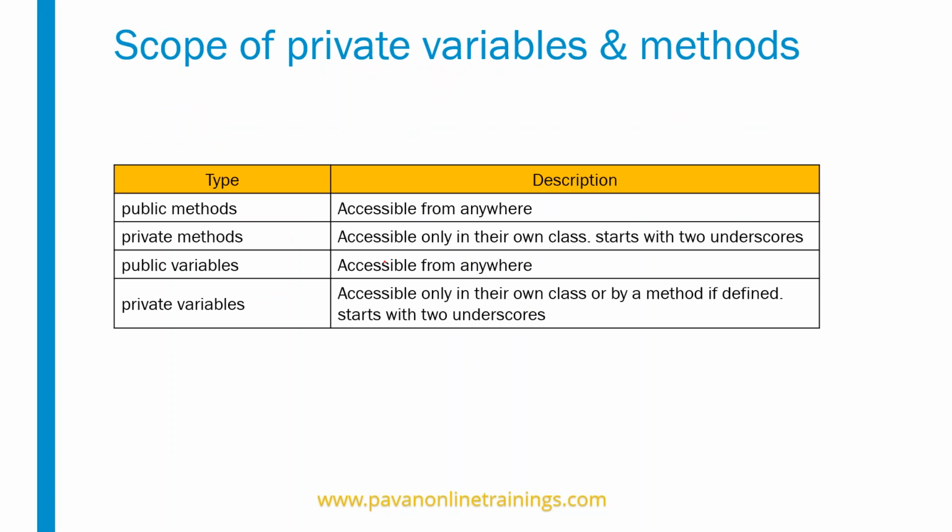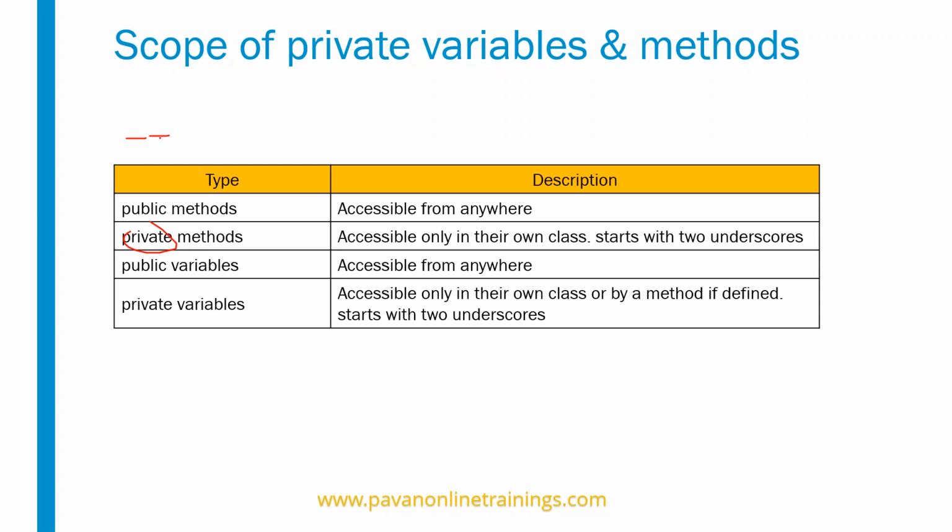Now as I said, encapsulation can be achieved by using private variables and methods. Now if I create a variable or method as private, what is the scope level? Private is nothing but underscore underscore. In Python, if you specify any variable or method as private, we have to use underscore underscore.